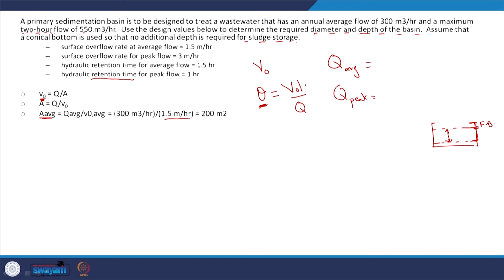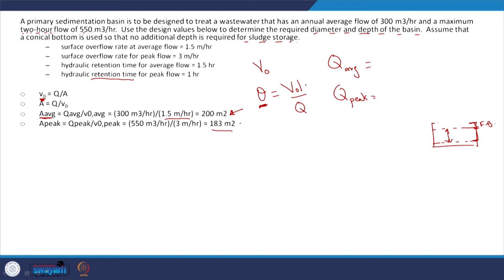So we get 200 meter square. Similarly for the peak, we calculate and get 183 meter square. It seems fine, but we will end up choosing the higher value, because the one we choose needs to meet the design for both the average and peak flows, and thus we take the higher area here.